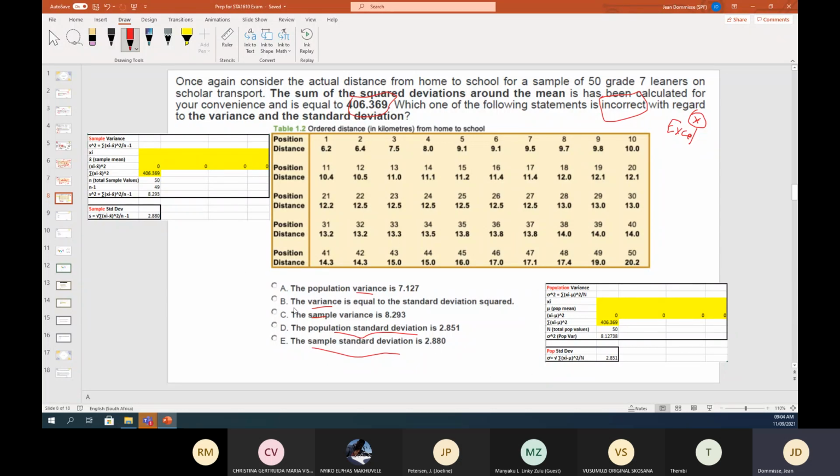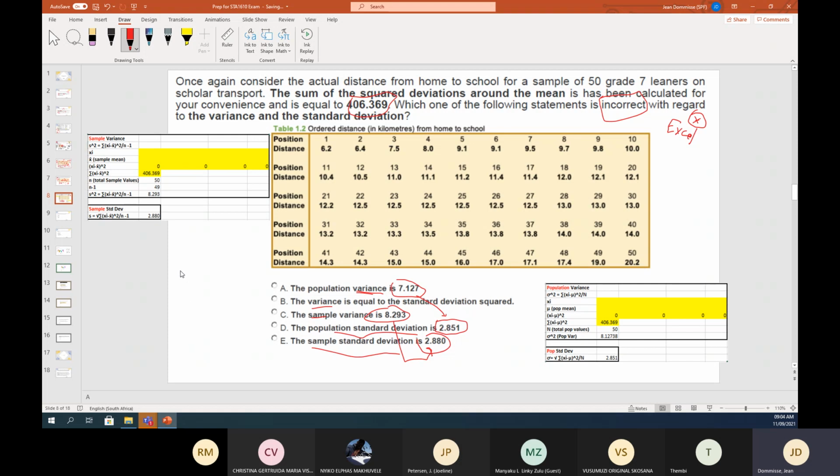But in the olden days, pre-COVID, when we didn't have access to Excel in the exams, just look at this: that one is population variance, and that one is population standard deviation. So those two are linked, and sample and sample are linked.